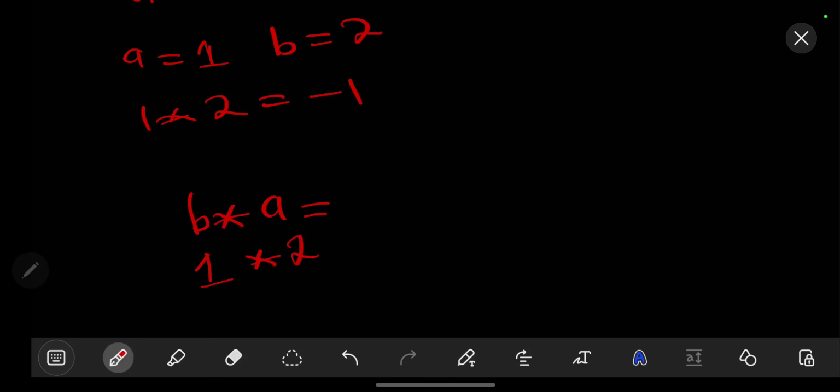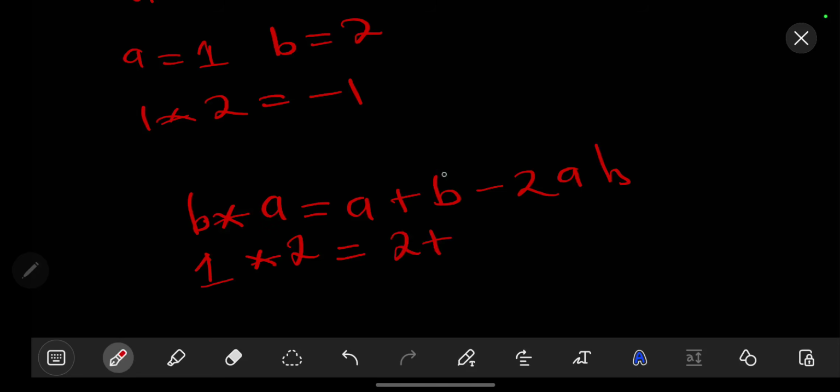So if we say b star a, you maintain the equation like that, and all you have to do is interchange the values. So b is equal to 1, a is equal to 2.